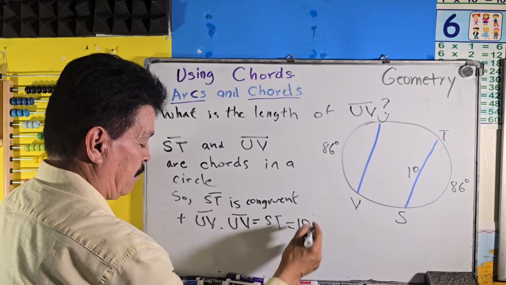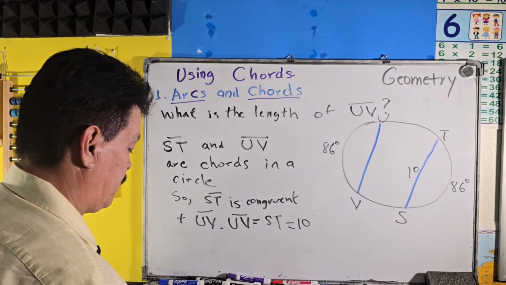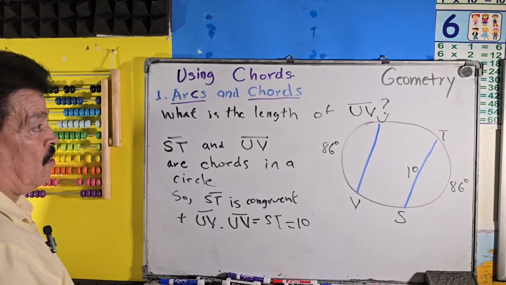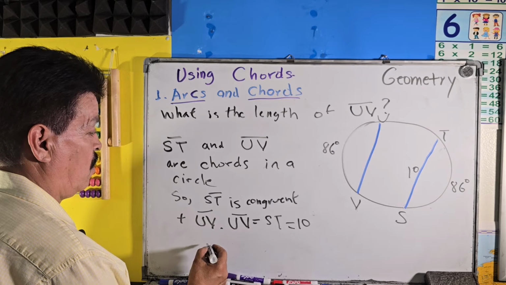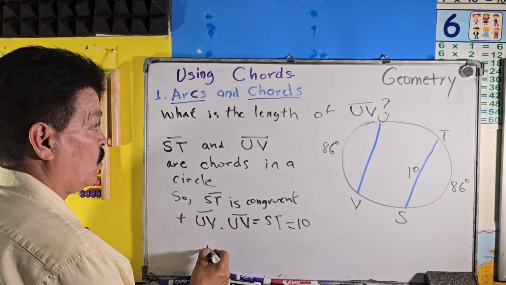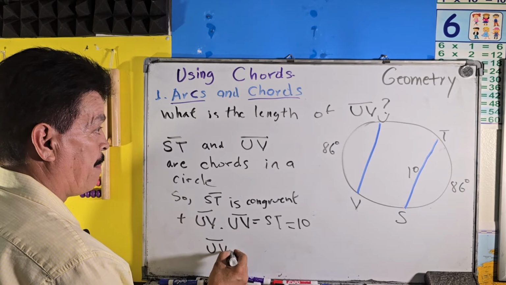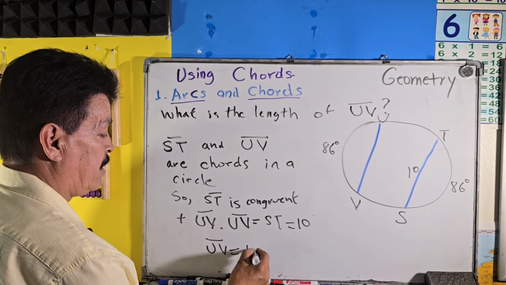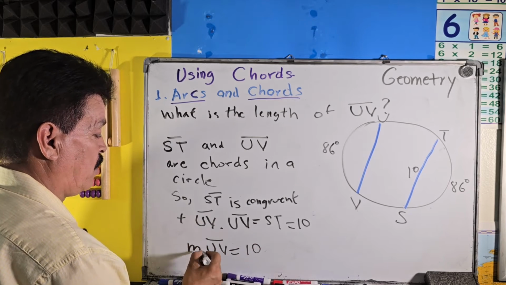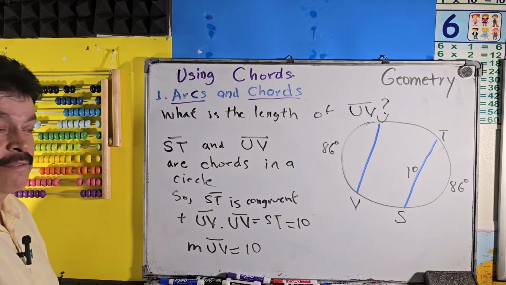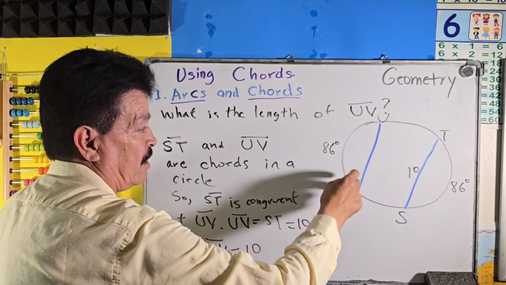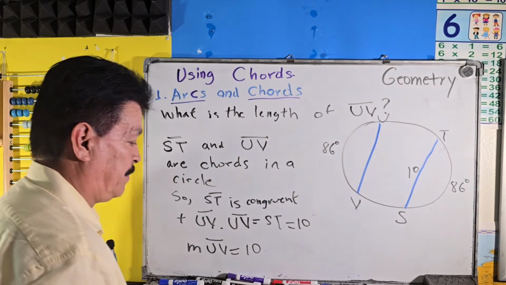ST equals 10, right? So UV equals 10, right? The measure of UV equals 10. That's it.